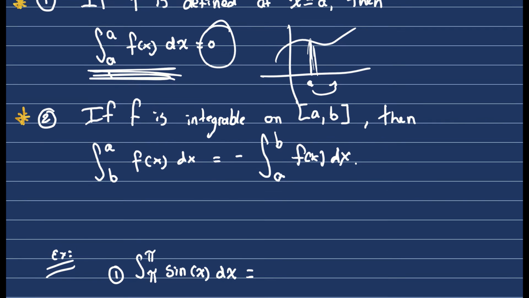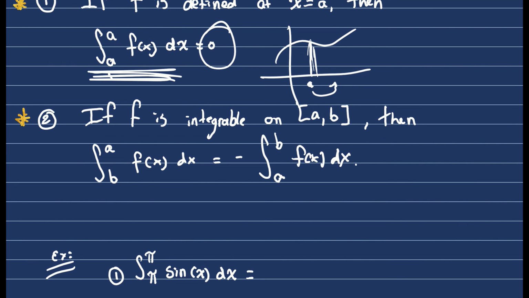The next one is: if f is integrable on a closed interval from a to b, then the integral from b to a of f of x dx is equal to negative the integral from a to b of f of x dx. What is this really saying? We've explored when all the a's have been less than b's.